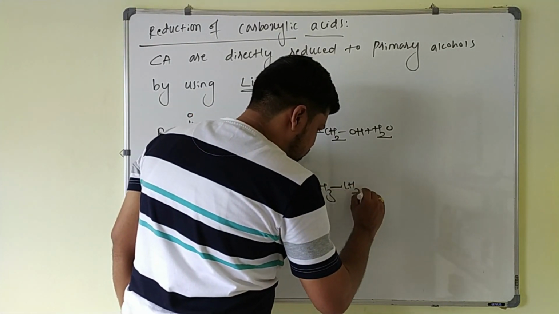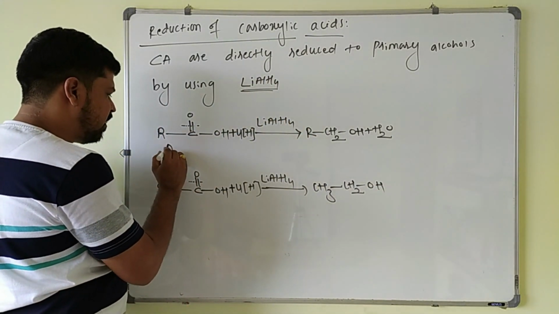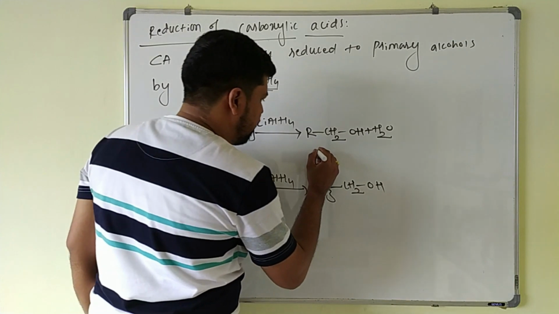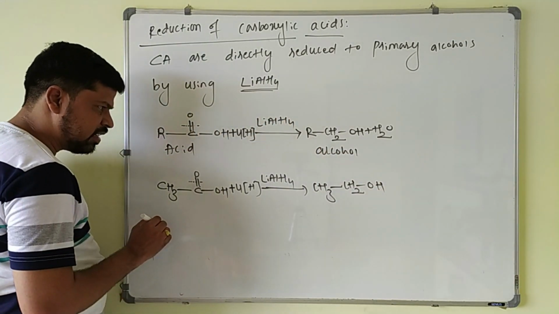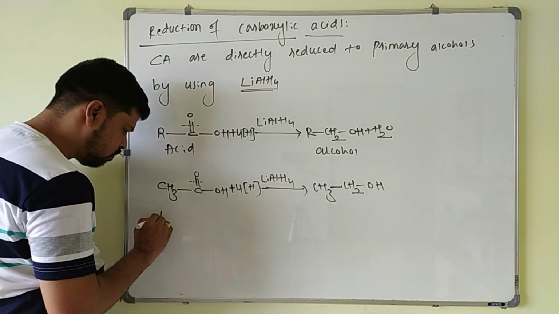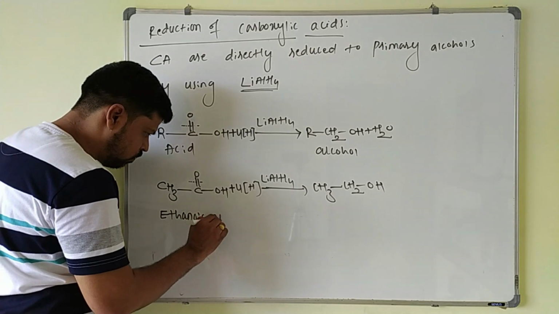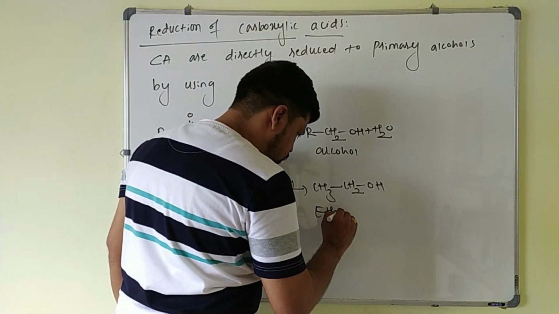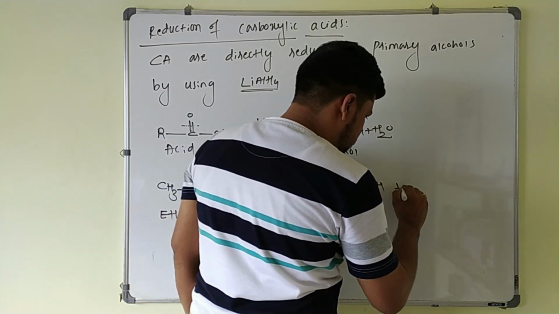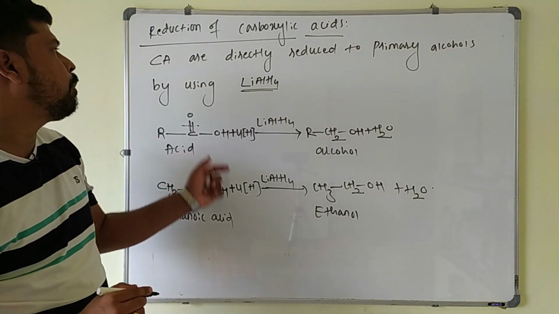CH3 CH2 OH. So this is your acid, this will be alcohol. Here this is acetic acid, that is ethanoic acid, converted to ethanol plus water. So this is what? Reduction of carboxylic acid to the primary alcohol. Next reaction.